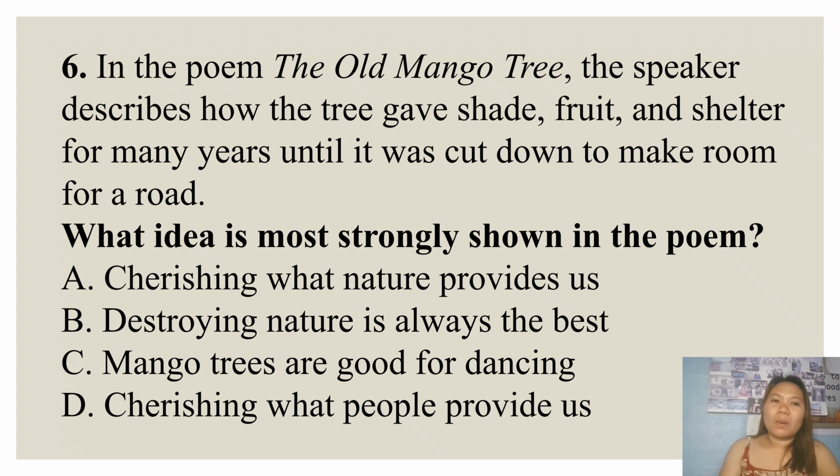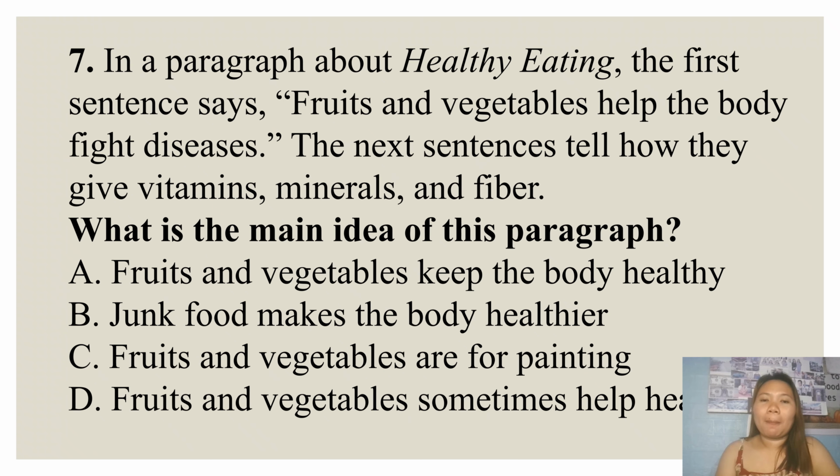3, 2, 1. 7. In a paragraph about healthy eating, the first sentence says, "Fruits and vegetables help the body fight diseases." The next sentence says, "They give vitamins, minerals, and fiber." What is the main idea of this paragraph?